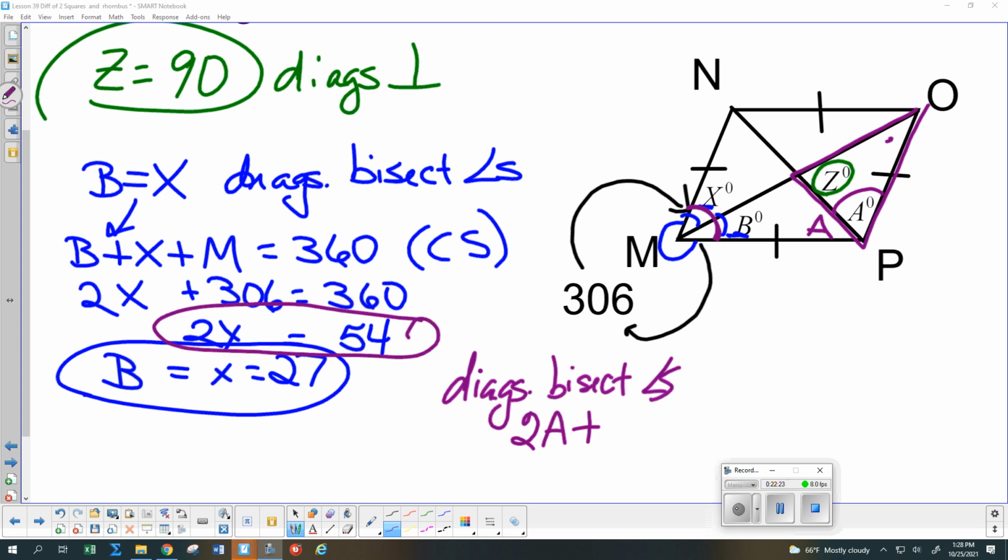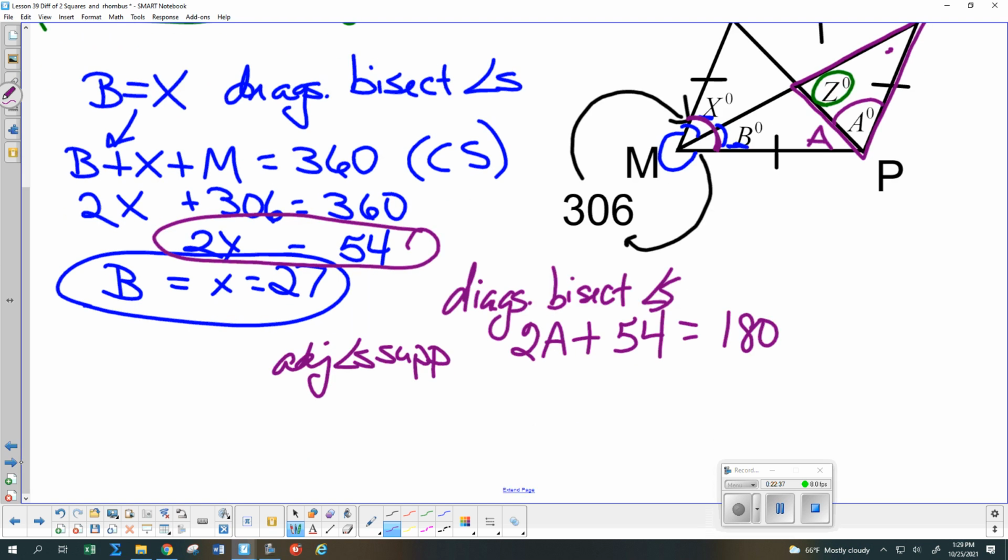So we know everything at that original angle M is 54, and that has to be 180. And our reason for that would be adjacent angles are supplementary. So then we could subtract the 54 and get, I think 126 is 2A, so everybody, how much is A? 63.